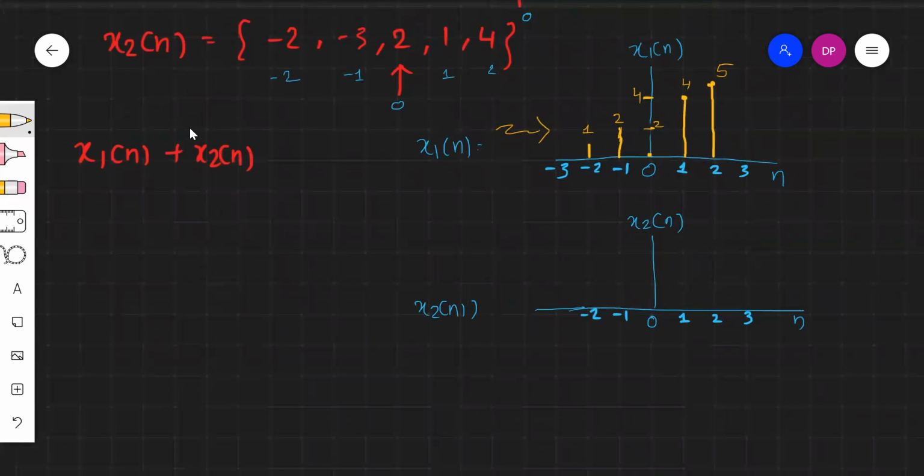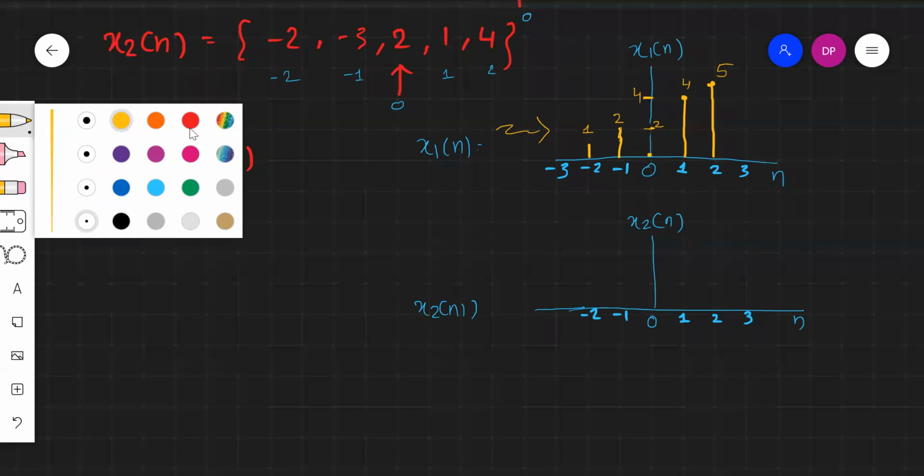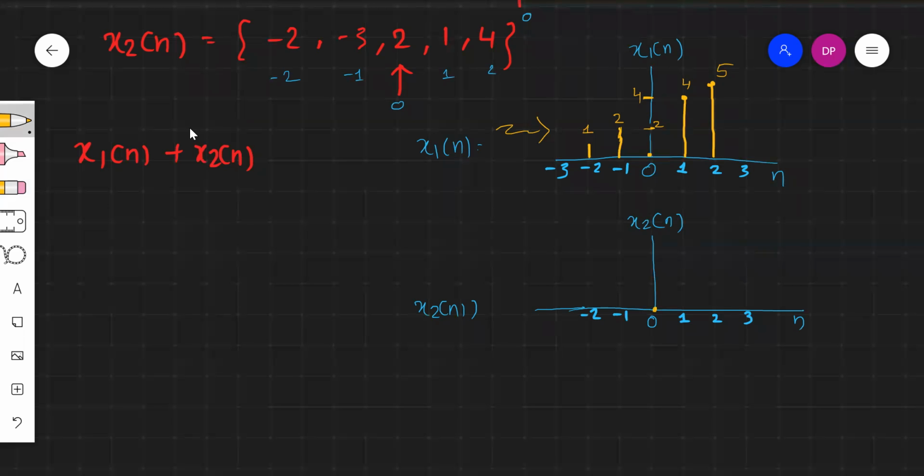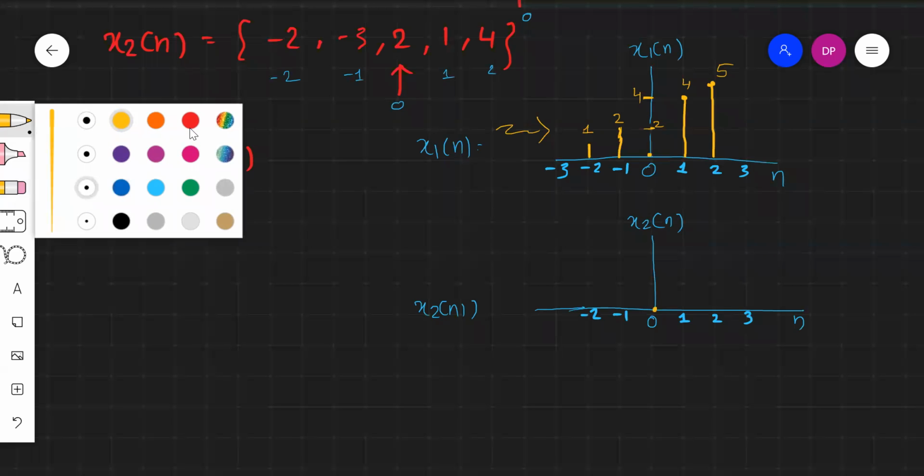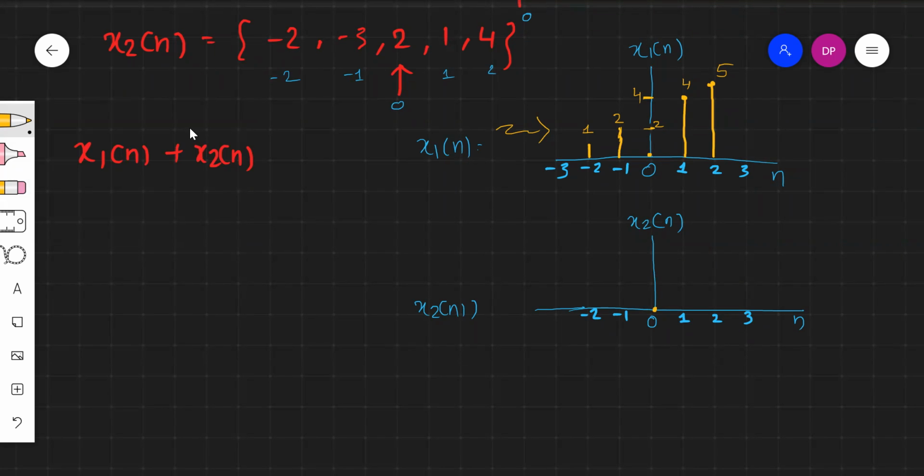Now we would like to go for the plot of x2 of n. At the 0th index, what is the value for x2 of n? It's 2, so assuming this as 2, I've taken 2. On the first index the value is 1, and in the second index the value is 4. At the -1 index, the value is -3.